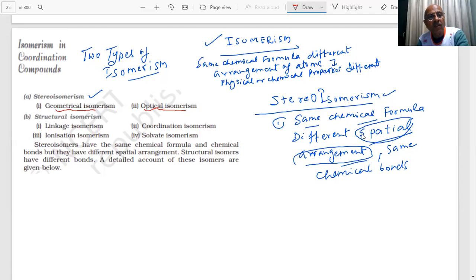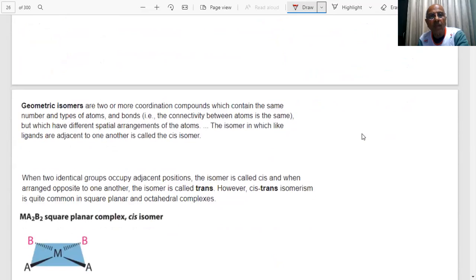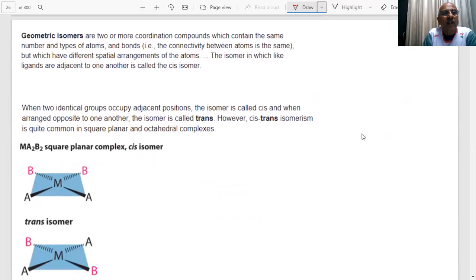Let us see what these geometrical isomers are. Two or more coordination compounds which contain the same number and type of atoms and bonds. The connectivity between atoms is the same, but the spatial arrangement of the atoms is different.